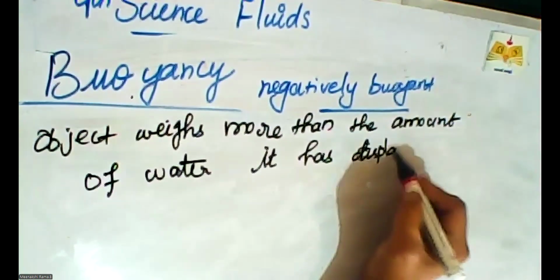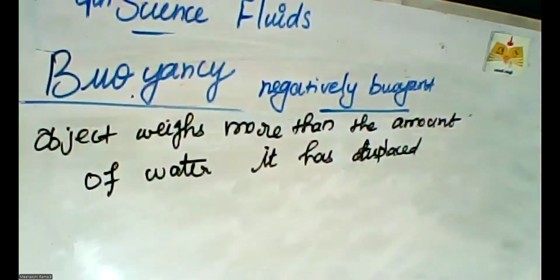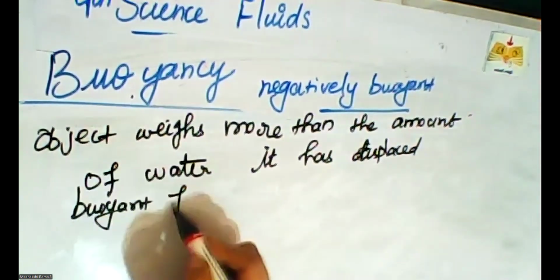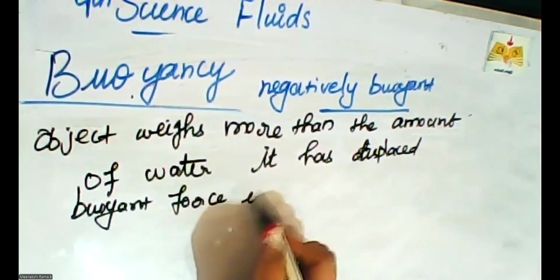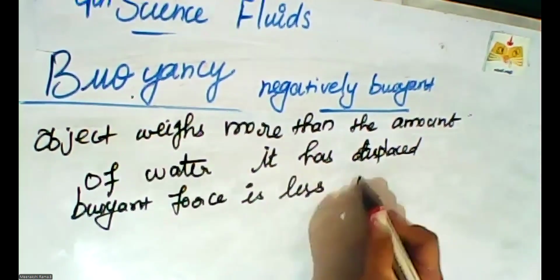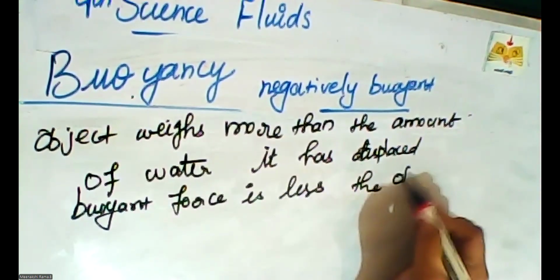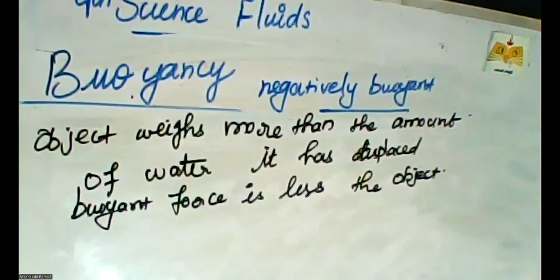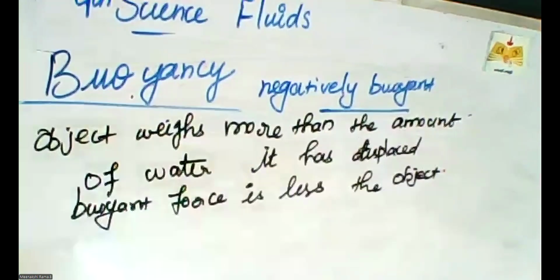So the density is more, and the buoyant force is less than the weight of the object. Such kind of object is called negatively buoyant.